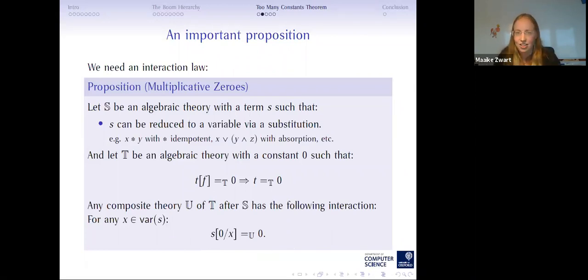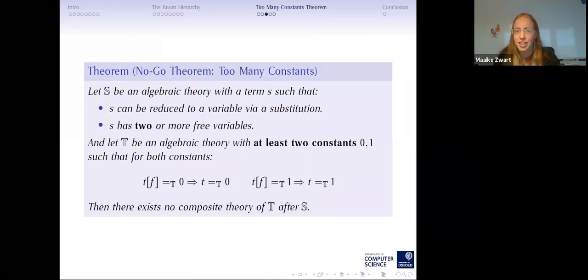So now we are ready for the too many constants theorem. I require that same key property again, but now I also want that the term that can be reduced to a variable after substitution to have at least two free variables. And on the other theory side, I want at least two constants.